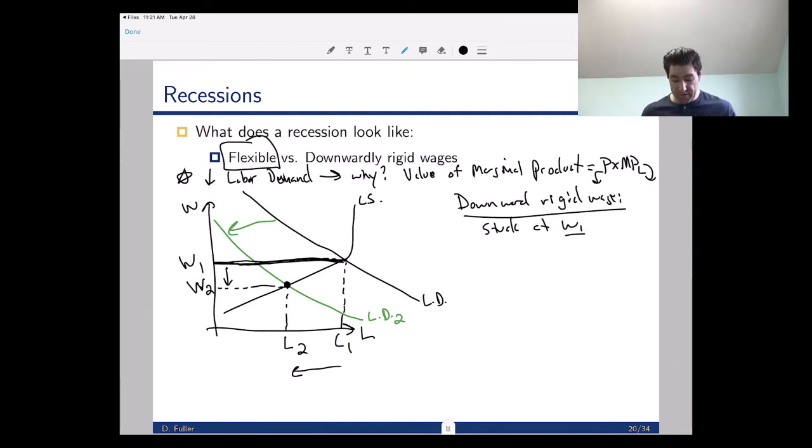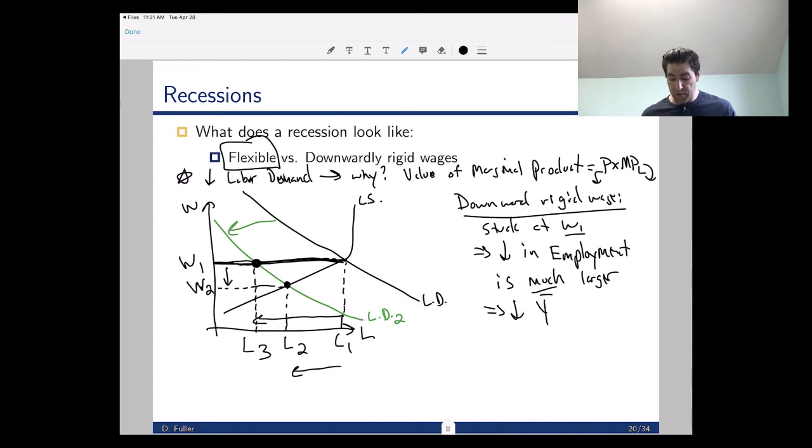And so what happens then is we tend to get a much larger decrease in employment. Instead of going to L2, we go to L3. Because employment goes down by more, the decrease in real GDP is much larger. So having a downward rigid wage causes our economic contraction, or recession, to be much larger.